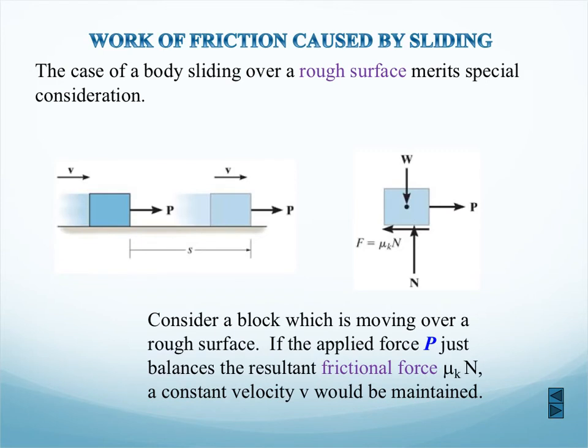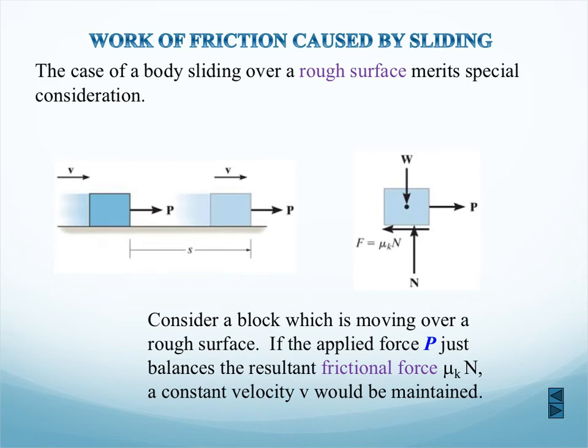Now, the last thing that we want to look at for this first part of chapter 14 is friction, because friction is kind of weird, and so we have to be careful with how we talk about it. Let's imagine a scenario where a body is being slid over a surface, but it is rough, so there's some applied force we're calling P, and it's being opposed by friction because the surface is rough.